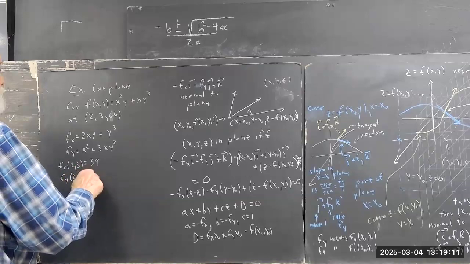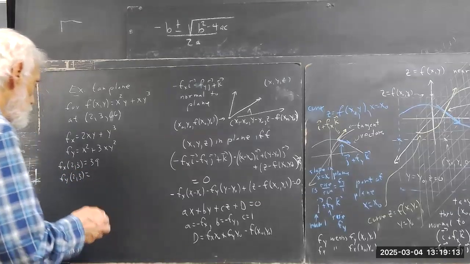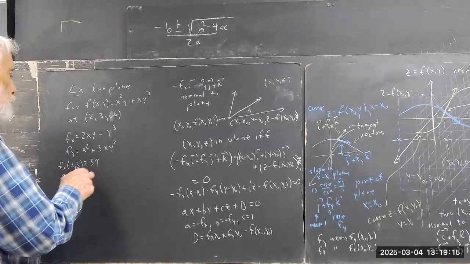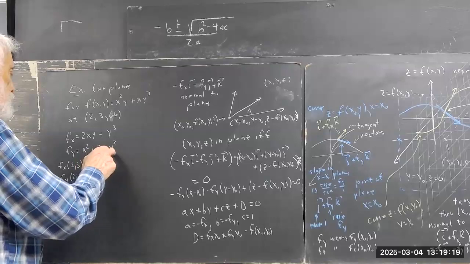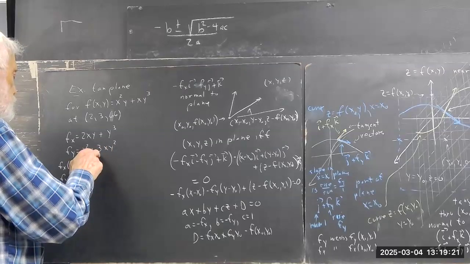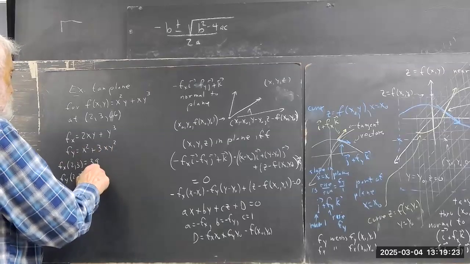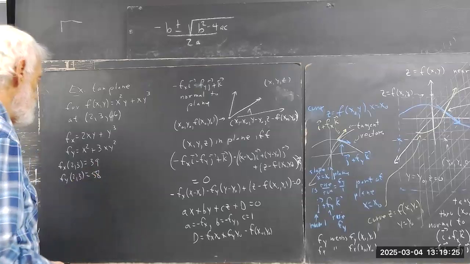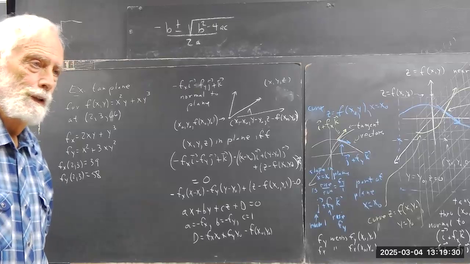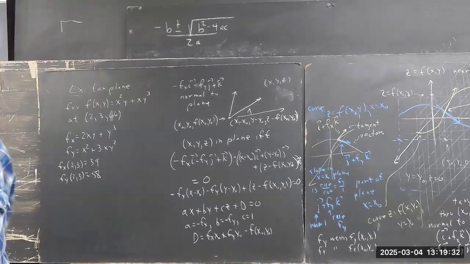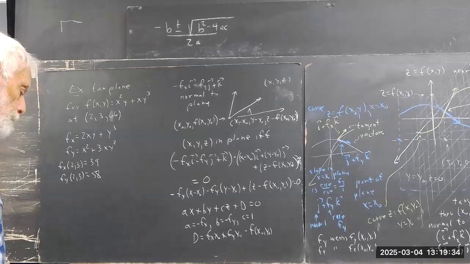Fy at 2, 3. And let's not trust my arithmetic too much. 2 squared is 4. 3xy squared, x y squared is 18 times 3 is 54. Plus 4 is 58. So let's pretend those are right. You can correct it if you need to, and make everything come out nicely.